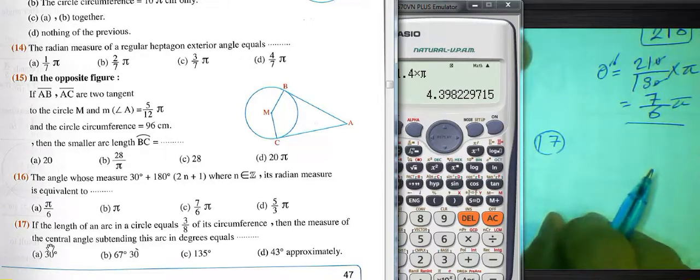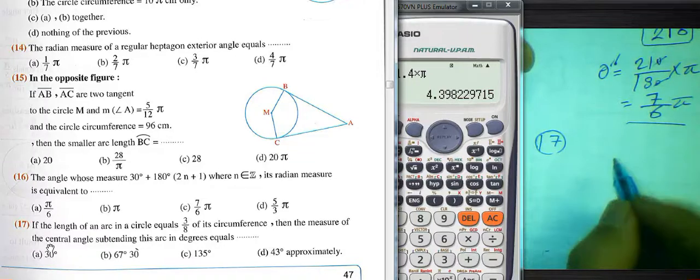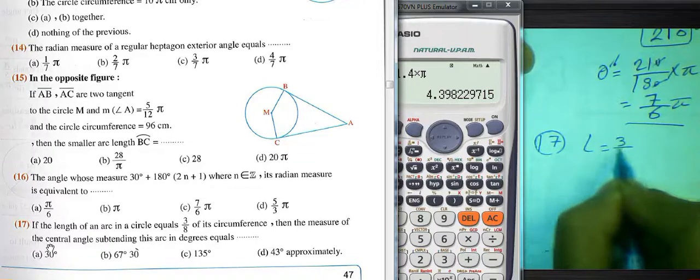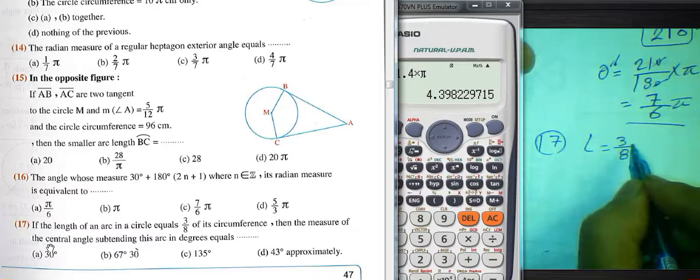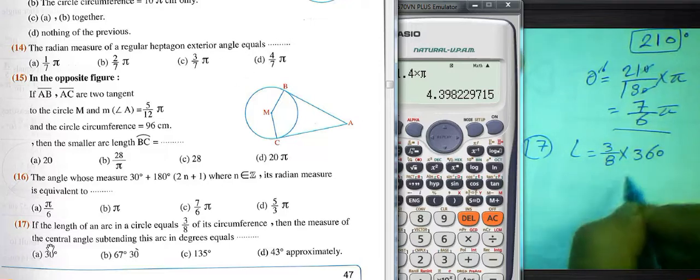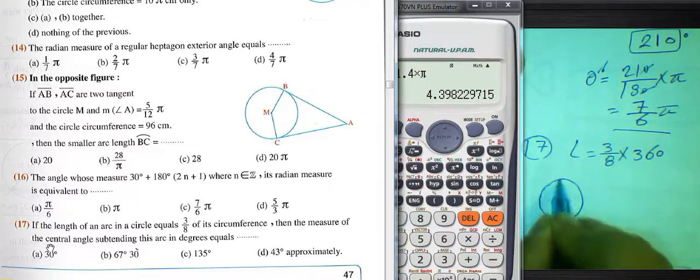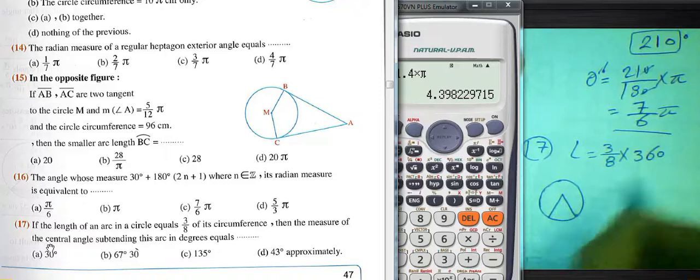He gave us the length of the arc: 3 over 8 of the circumference, 2 pi or 360. The measure of the central angle equals 3 over 8 multiplied by 360.